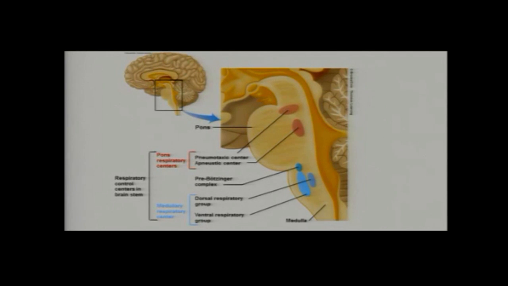And I do that by increasing rate and depth of breathing. Okay? So the pontine center and the medulla is receiving sensory input from the body about metabolic demands. And it's adjusting breathing based on those metabolic demands.